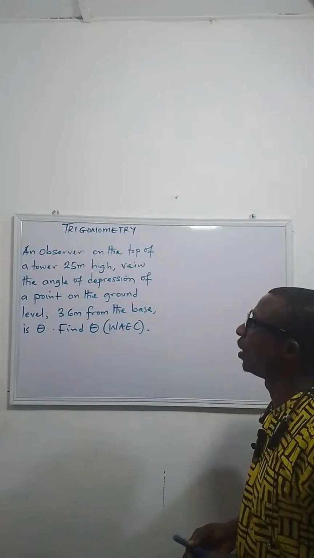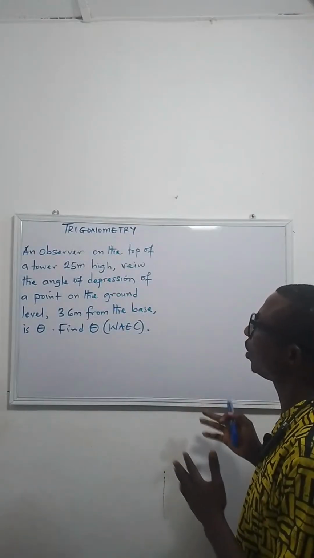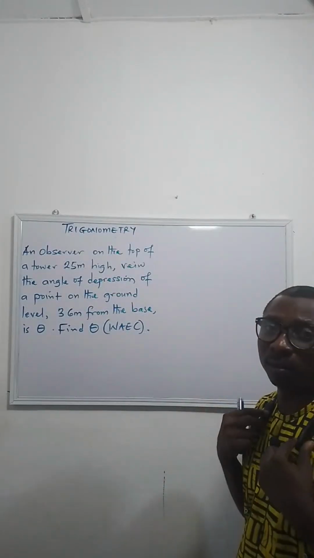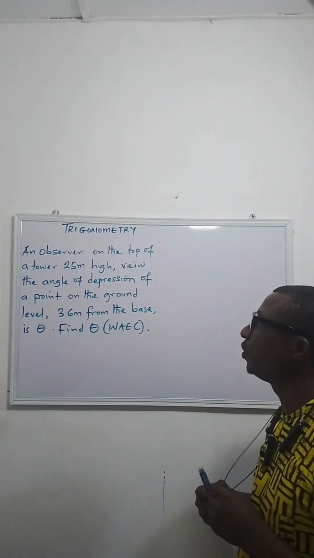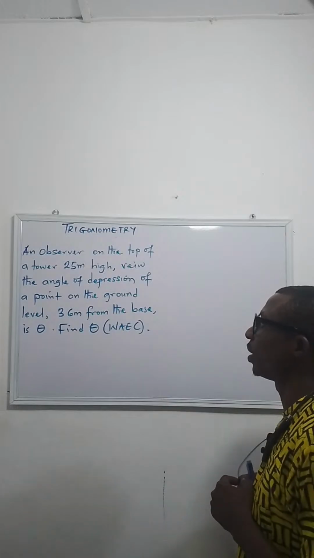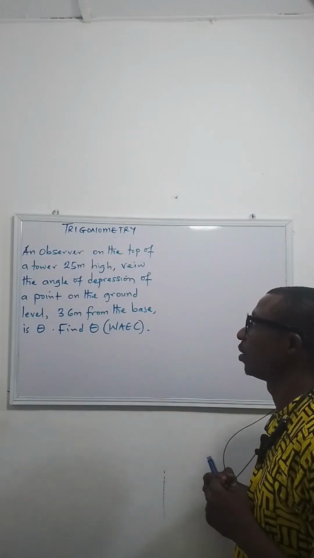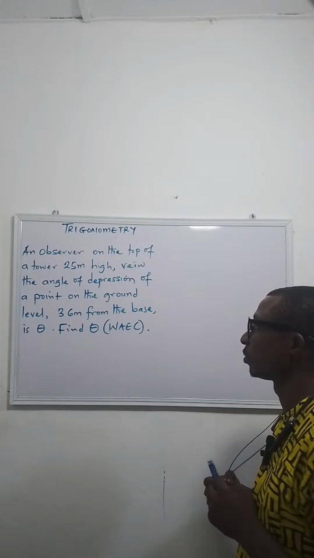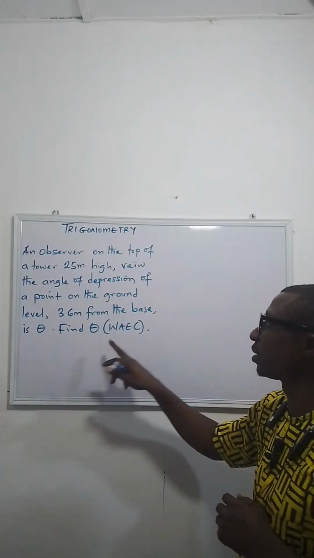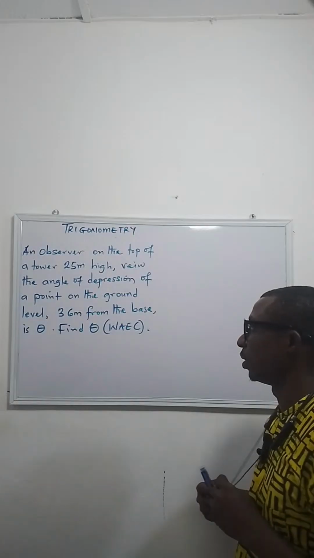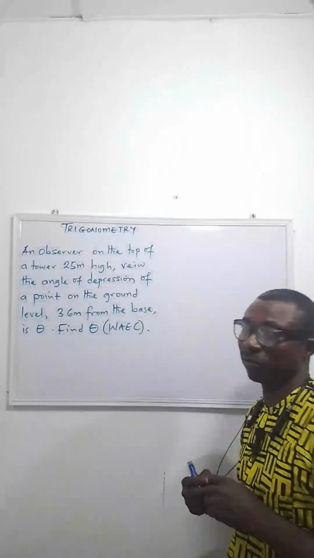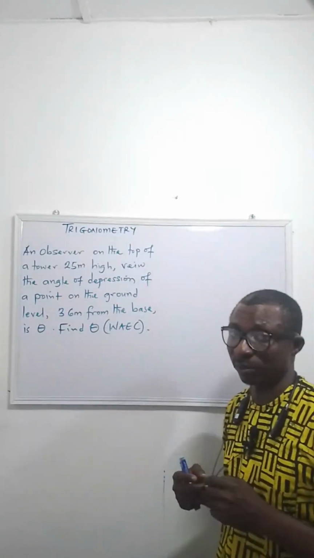An observer on the top of a tower, which is 25 meters high, views the angle of depression of a point on the ground level 36 meters from the base as theta. You have to find theta. So that is the question.